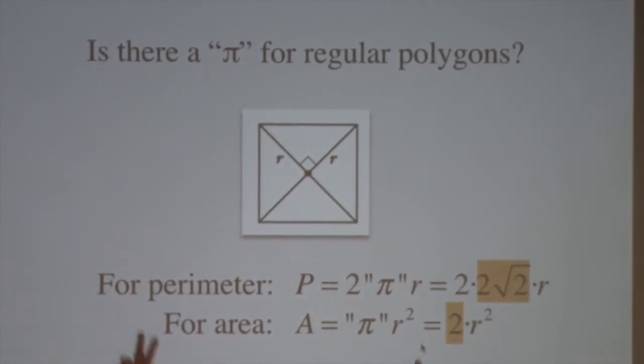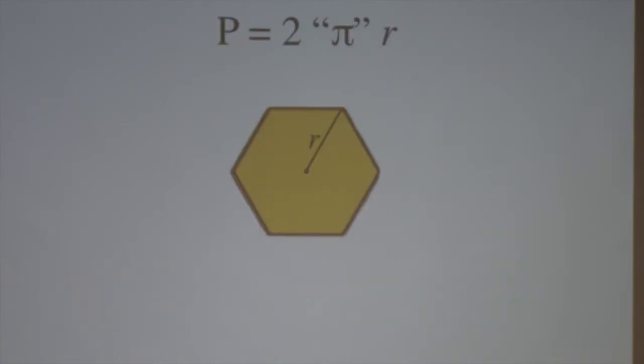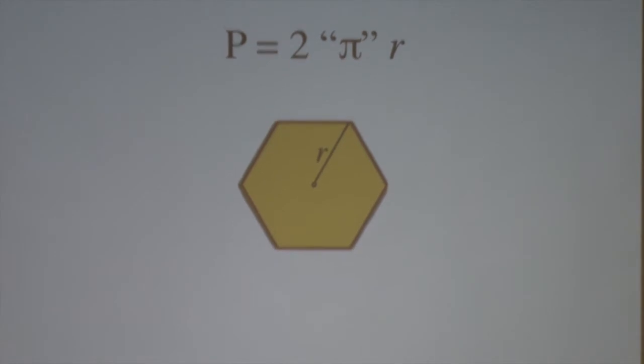So the pi for area would be 2. So it's not the same pi. So a square must not be a circle. So we have now established this. But how about hexagon? Wait, what? Come back?